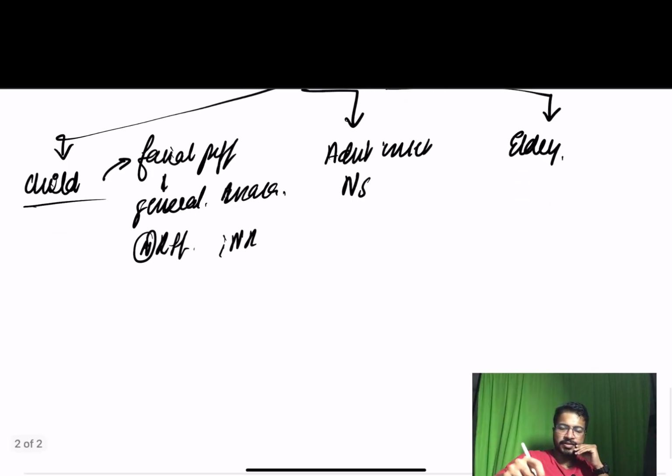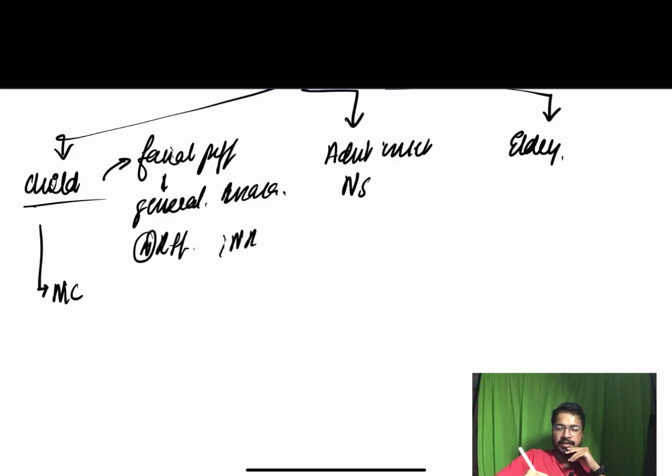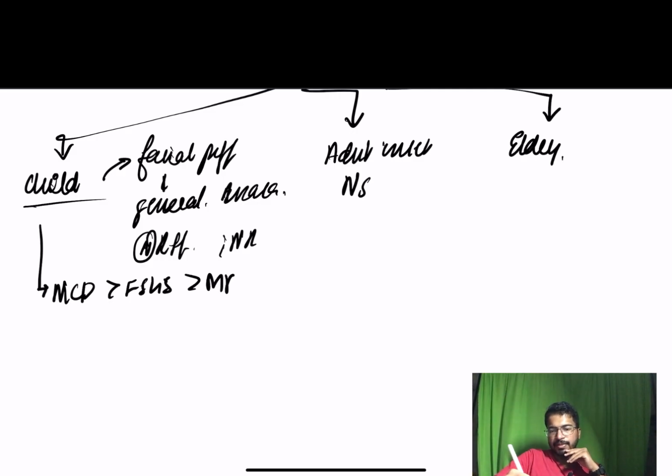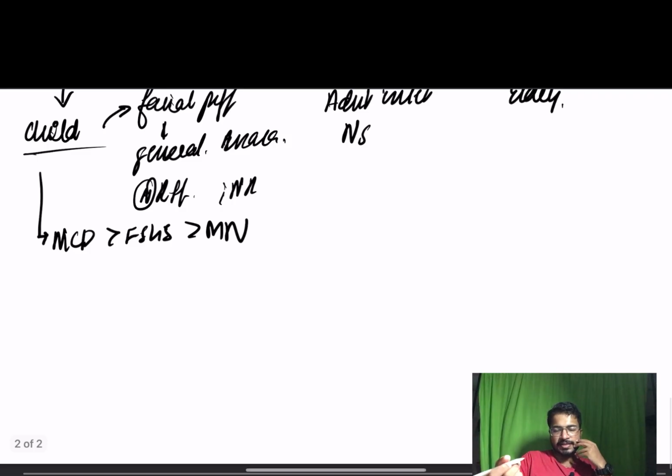In nephrotic syndrome, the most common cause in children is minimal change disease, greater than FSGS, greater than membranous nephropathy. So it is minimal change disease, then focal segmental glomerulosclerosis, then membranous nephropathy. So what exactly happens in minimal change disease? In minimal change disease, there is podocyte effacement.